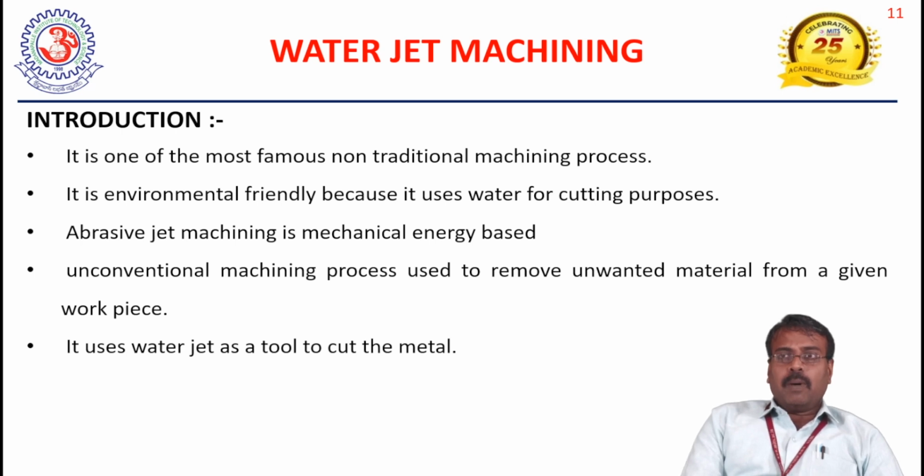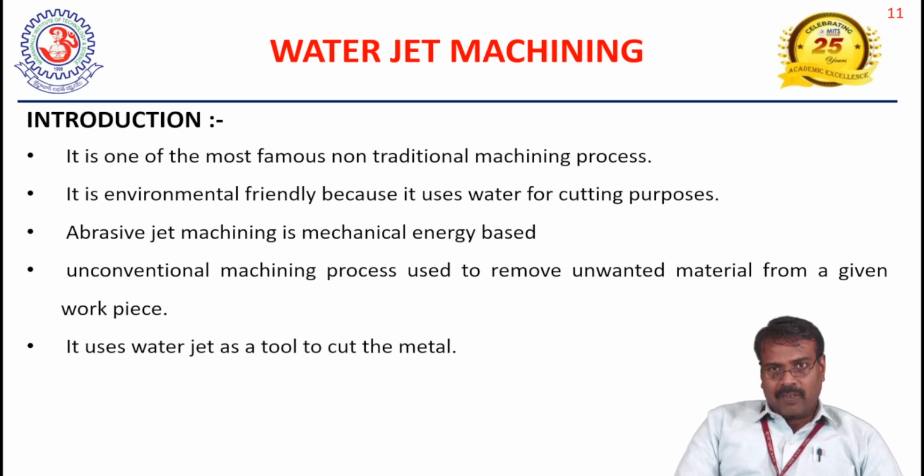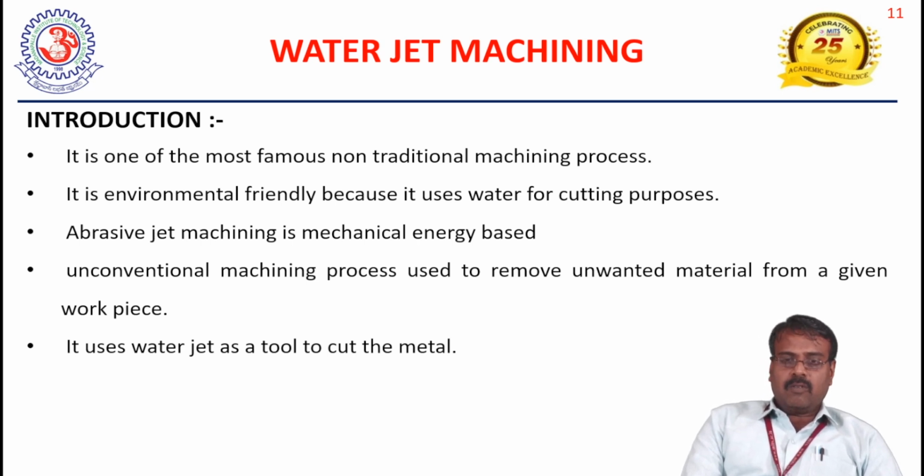But here we are going to use nearly 4,000 or 5,000 megapascal pressure on the material where I want to remove material, whether a drilled hole, a partial drill, a button type, or a surface finish. All those things we can perform using water jet machining.